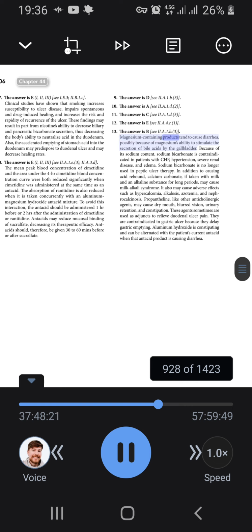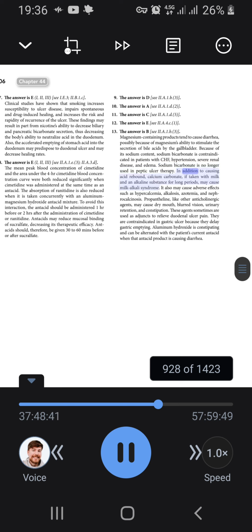Magnesium products tend to cause diarrhea, possibly because of magnesium's ability to stimulate the secretion of bile acids by the gallbladder. Because of its sodium content, sodium bicarbonate is contraindicated in patients with CHF, hypertension, severe renal disease, and edema. Sodium bicarbonate is no longer used in peptic ulcer therapy.